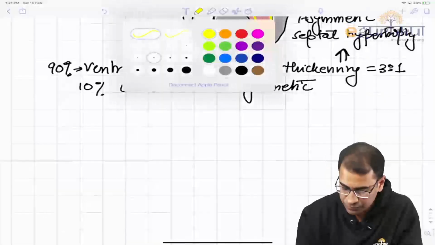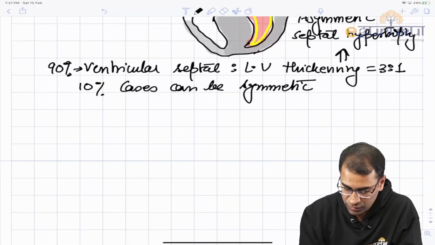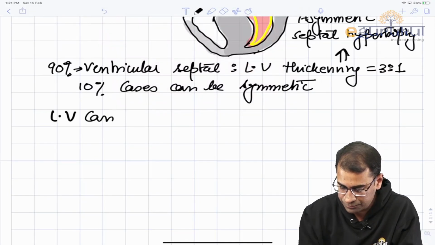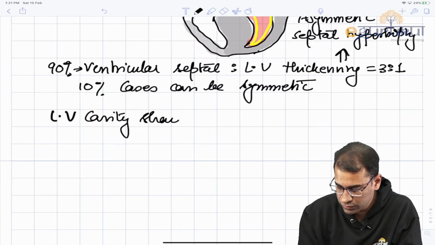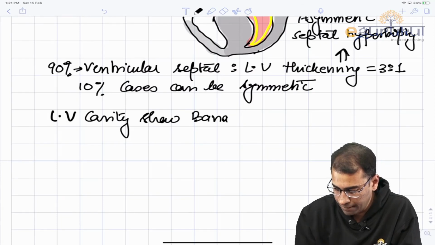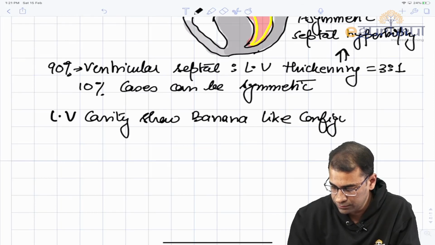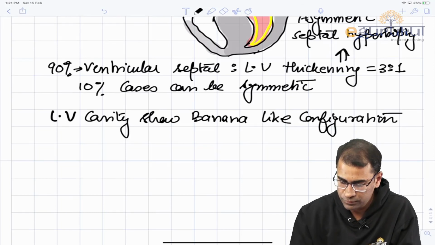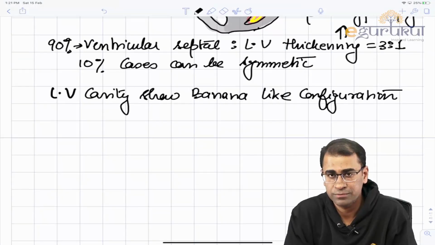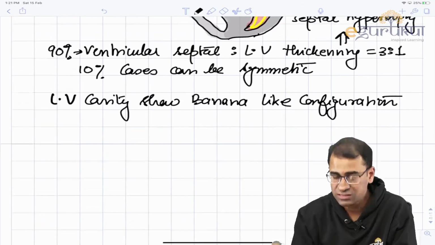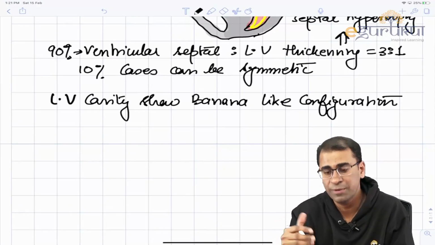Let's write this. The left ventricular cavity shows banana-like configuration. Okay. This whole septal enlargement is most prominent in the subaortic region.